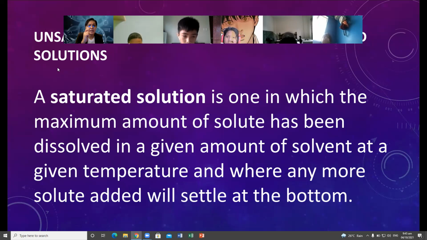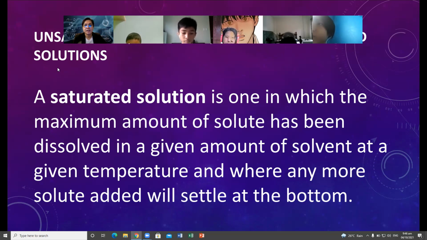It is already saturated. It is already full. If you add another solute there, it will not mix, but rather stay at the bottom because there's no space for the solute to be absorbed. That is a saturated solution.